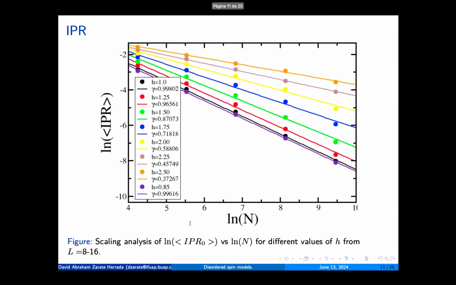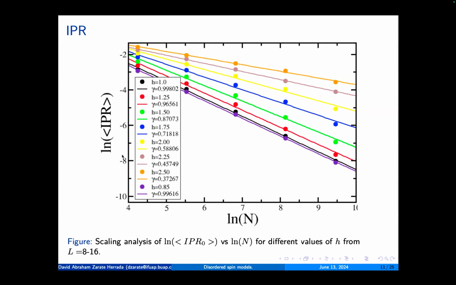For example, here is a scaling analysis of the IPR for the Heisenberg model with disorder for different values of H. You can see that when H is equal to 1, the value of the exponent gamma is very close to 1.